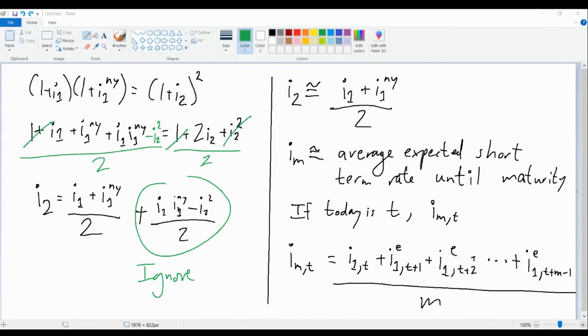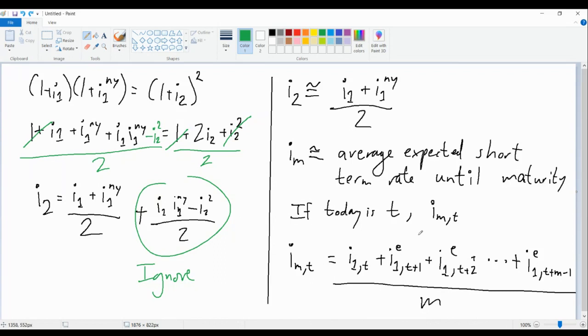Marshall, yes. What does the E superscript represent? It just represents the fact that since these are the 1-year, let me go back to here. So remember, this is the 1-year rate now, and this is the 1-year rate next year.